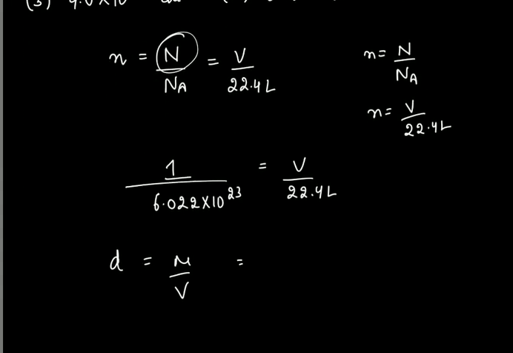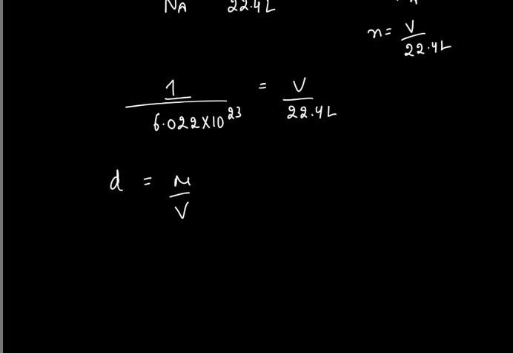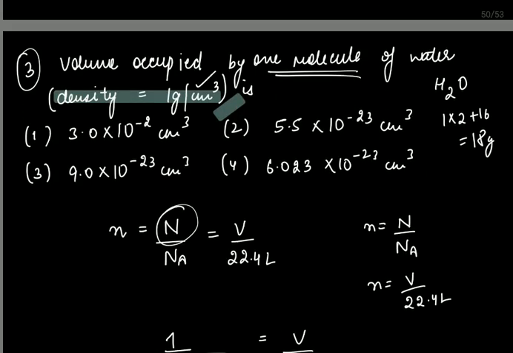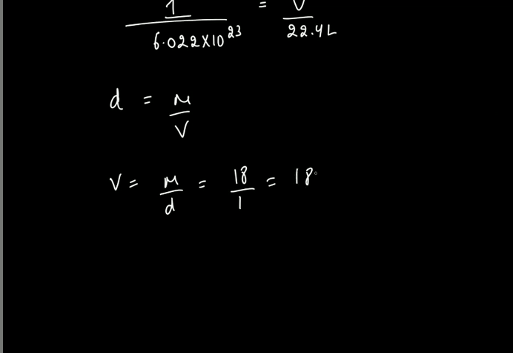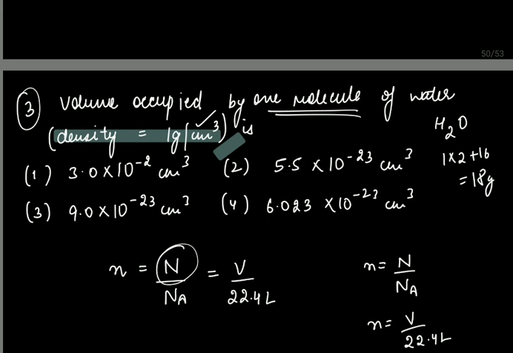Gram molecular mass of water is 18. So V is equal to mass by density. Density is given, 18 divided by 1 gram per centimeter cube. It's already given, if you can see this. So this will be 18 centimeter cube or ml. So this is the volume that we have basically calculated for water whose density is 1 gram per centimeter cube.